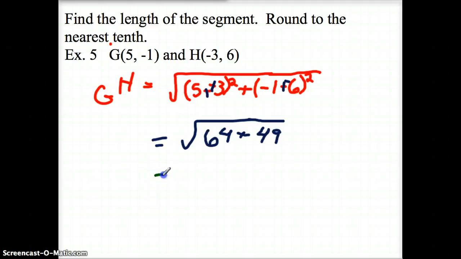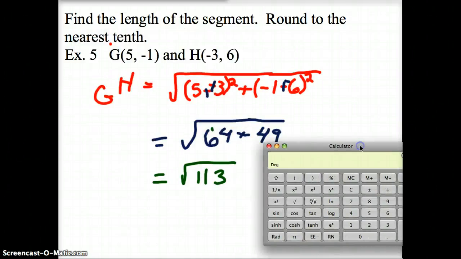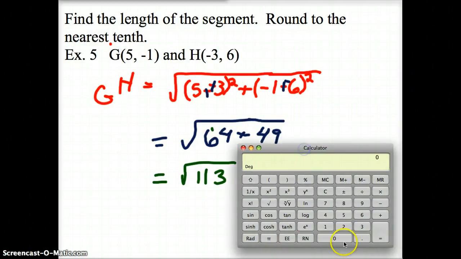From here, add these two pieces together. 64 plus 49 is 113. So we've got square root of 113. If we take that into our calculator, the square root of 113 is going to give us approximately 10.6 when we round to the nearest tenth.